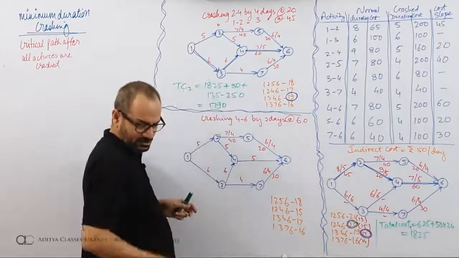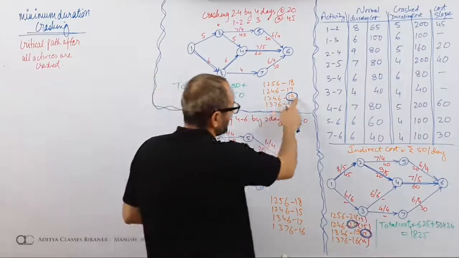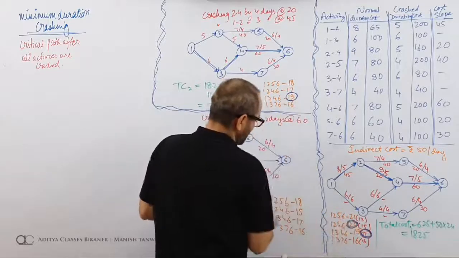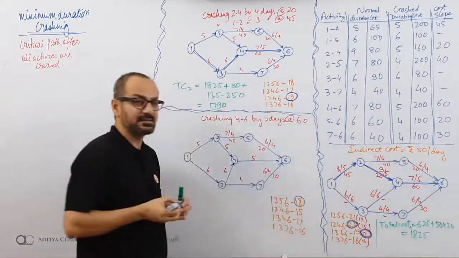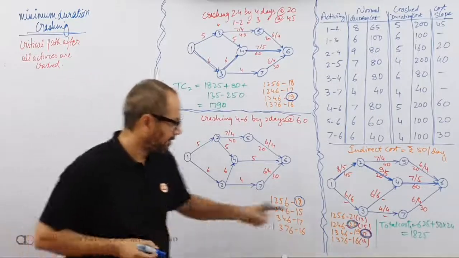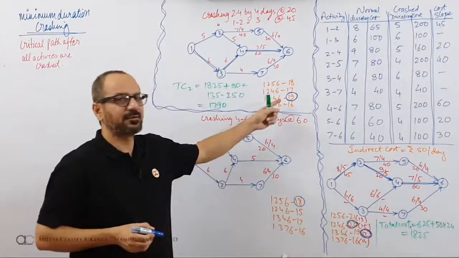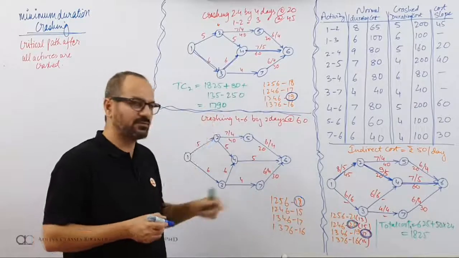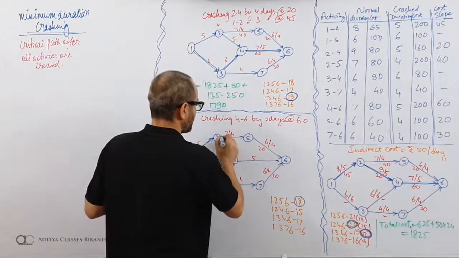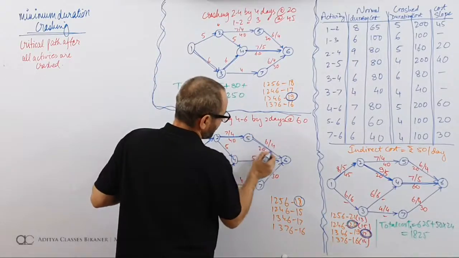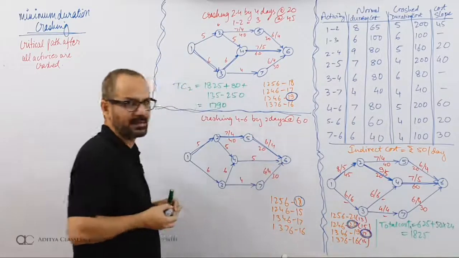My idea was to bring 19 down to 17. 19 is down to 17. But who is critical? In turn, my critical has again switched. From 1, 2, 4, 6, my critical came down to 1, 3, 4, 6. Now my critical has gone down to 1, 2, 5, 6. This is now my new critical.